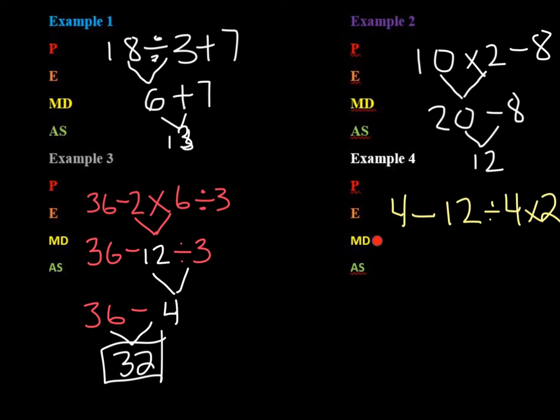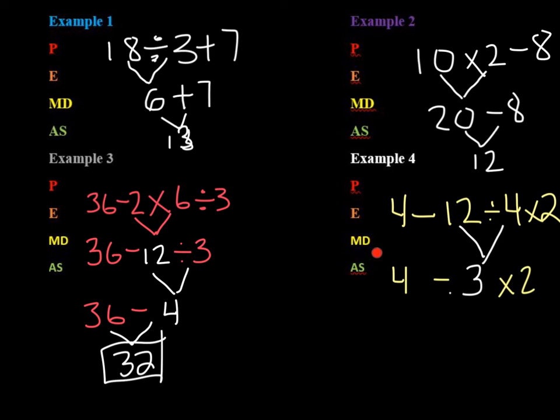Next, let's see if there's any multiplication or division from the left to the right. Start from the left, keep on going. Oh, there is division. And it comes before multiplication, so I am going to do 12 divided by 4 first. So 12 divided by 4 is 3. And then we can copy the rest of this down. 4 take away 3 times 2.